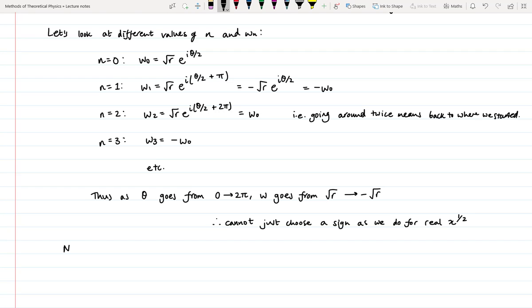Let's first look at w0. Notice that w0, given by the square root of r e to the i theta over 2, as usual we can use Euler's formula to expand this out as cos theta over 2 plus i sine theta over 2.